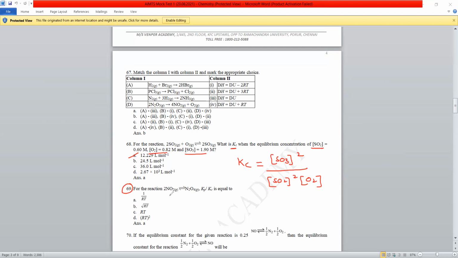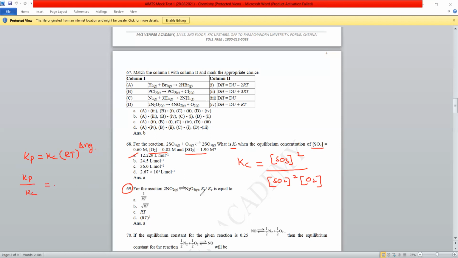For the reaction of 2 moles of NO2 in equilibrium with N2O4, we have to find Kp divided by Kc. As we know very well, the relationship is Kp equals Kc into RT power del Ng. Here we have to find Kp by Kc, so we need the del Ng value.